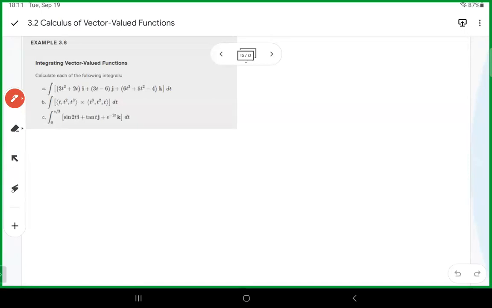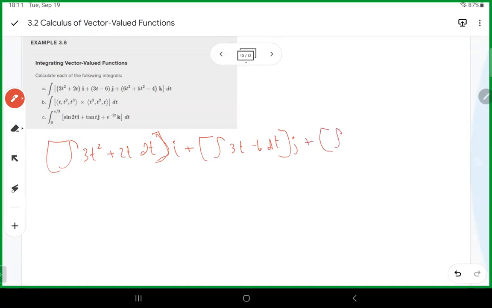So we will have the integral of 3t squared plus 2t dt i plus the integral of 3t minus 6 dt j plus the integral of 6t cubed plus 5t squared minus 4. Okay. Oh, I forgot to squeeze in my dt there.